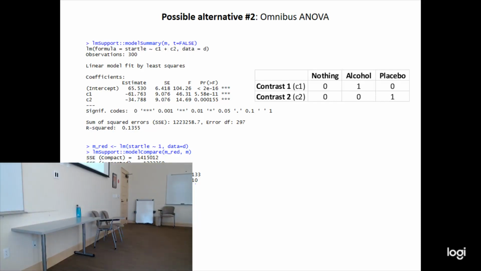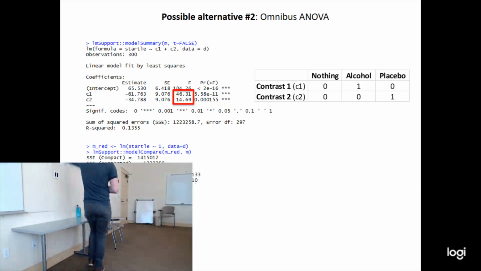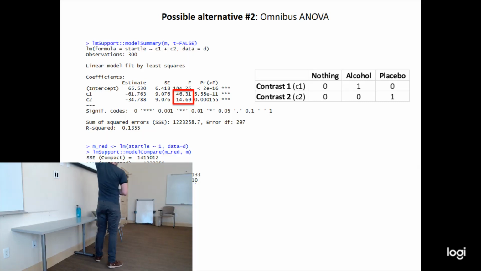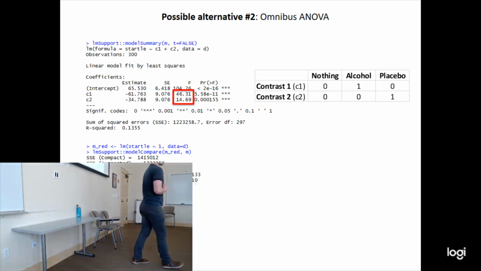Something that we learned when we looked at planned orthogonal contrasts is that this F value right here was literally the average of the F value for C1 and the F value for C2.